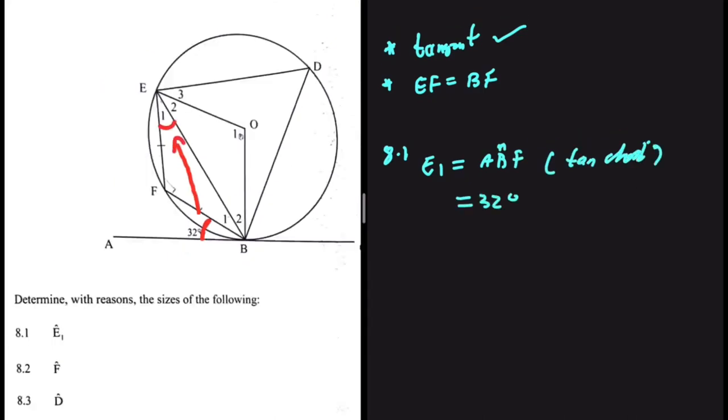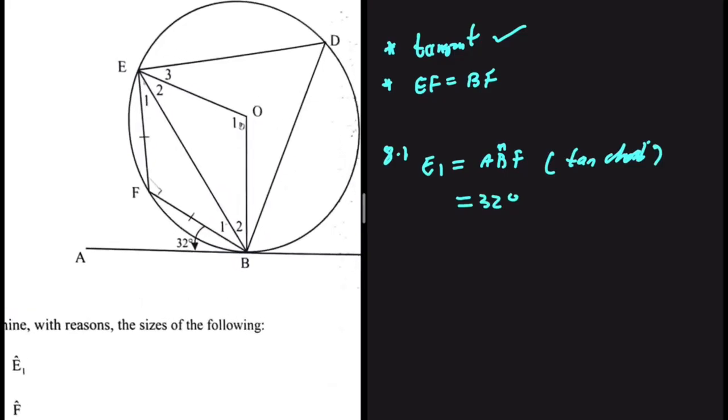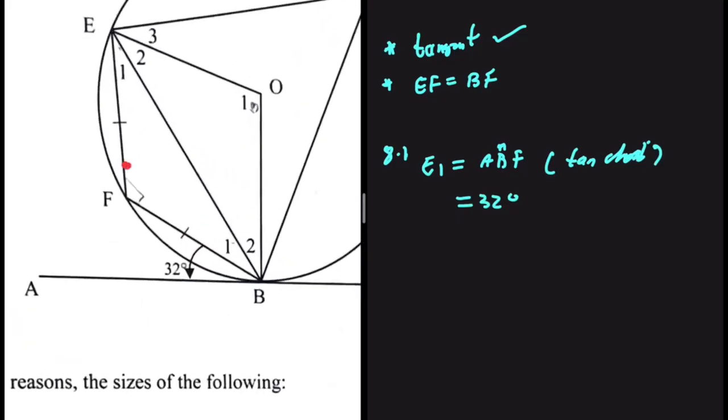Angle F, given reasons. So let's go ahead and highlight angle F. We have said that angle E1 is equal to 32 degrees. But I want you to realize something. Our second keyword, EF is equal to BF. Angles opposite equal sides.